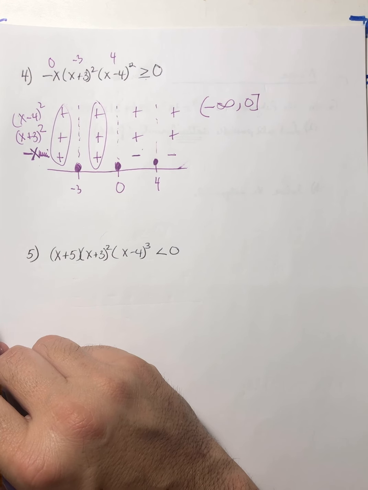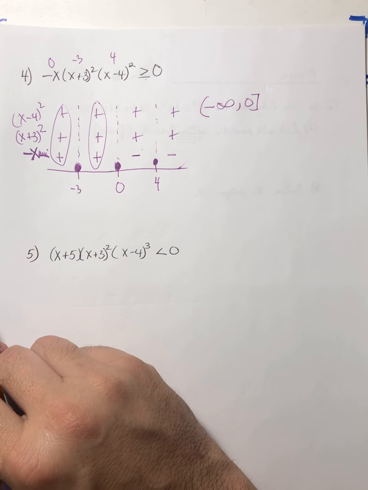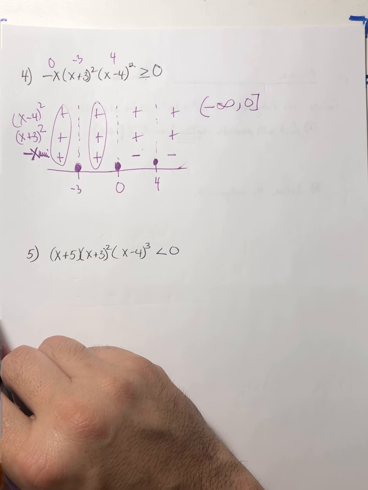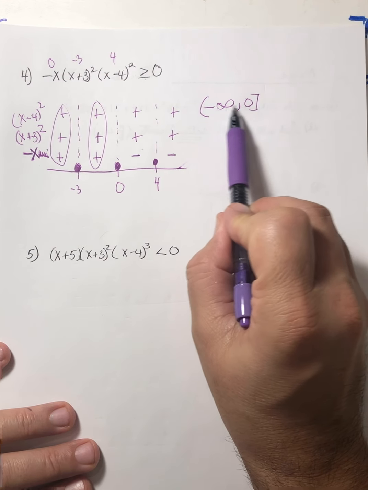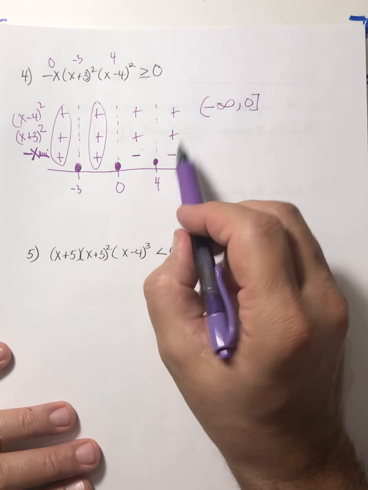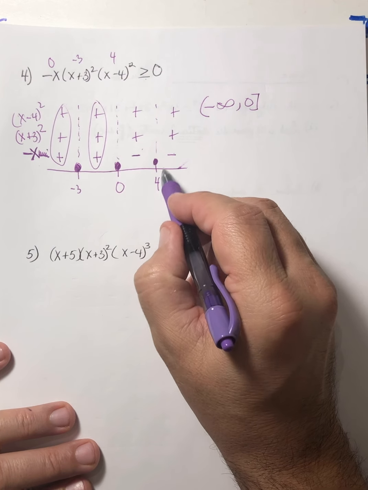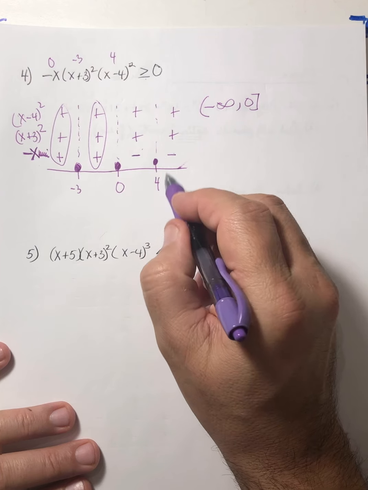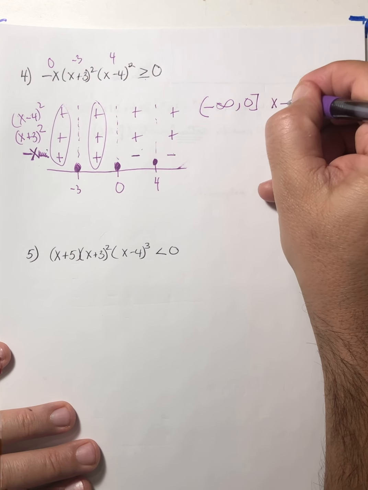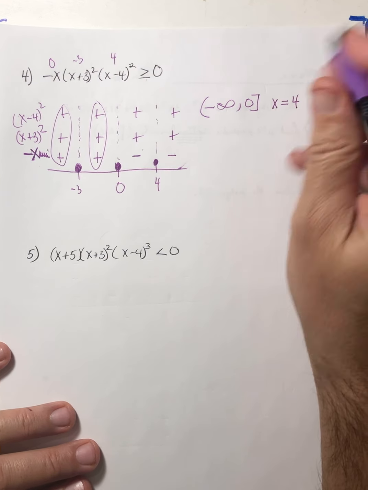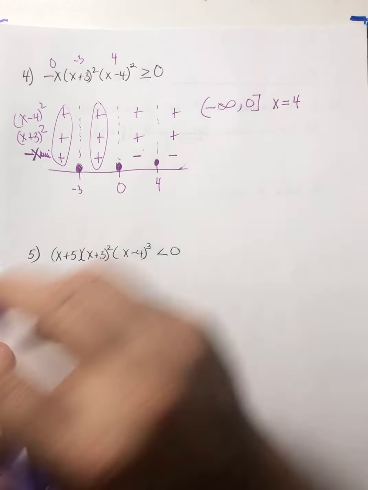But I left out something. What did I leave out? No, negative 3 we've included because it's in there. That's right, we left out 4. 4's tagging along way over here. So then you would have to include x has to equal 4. That would be your solution set.